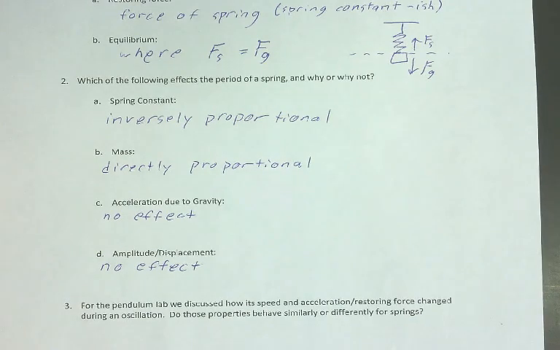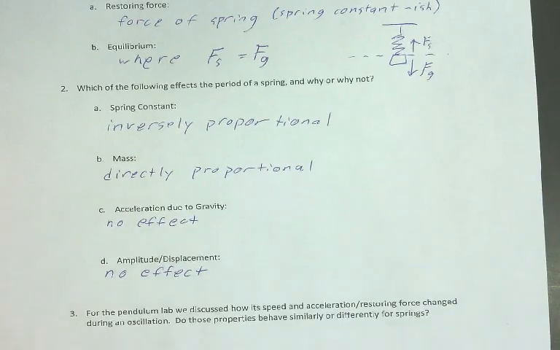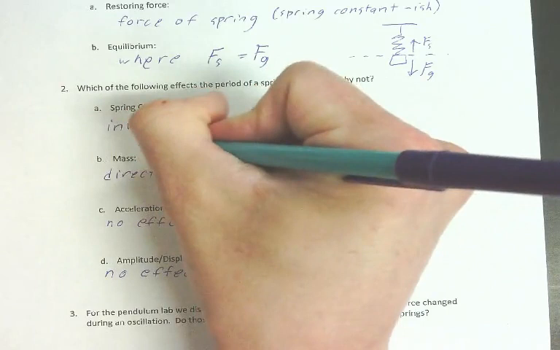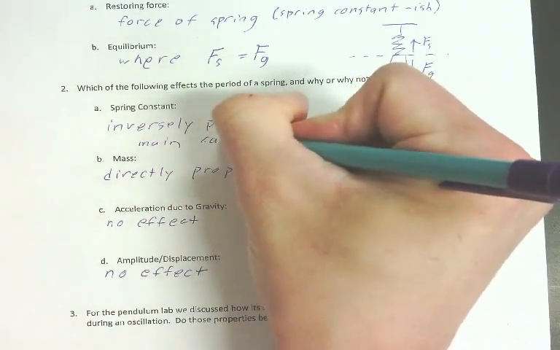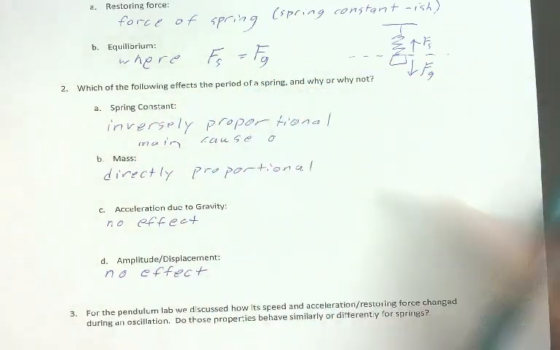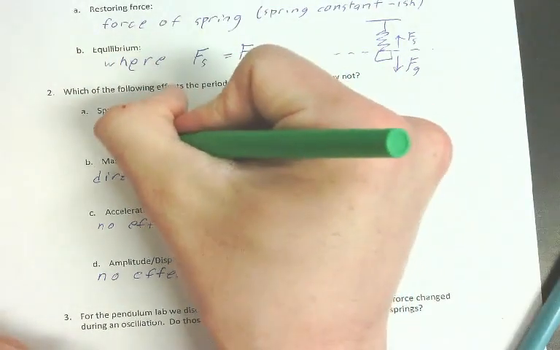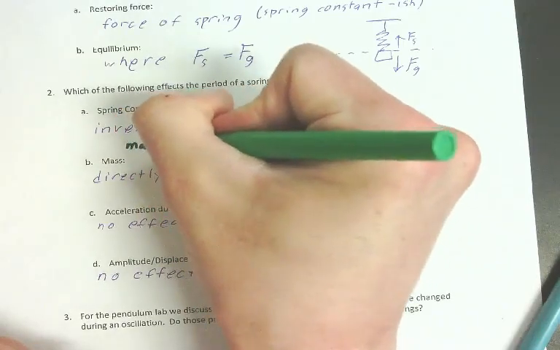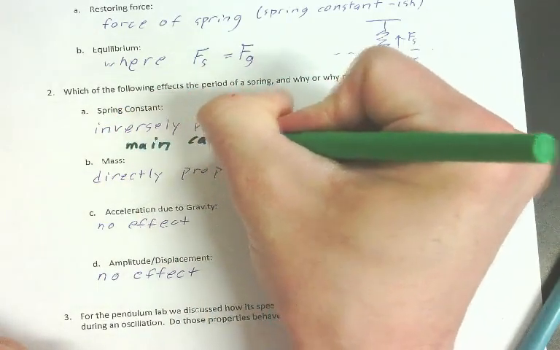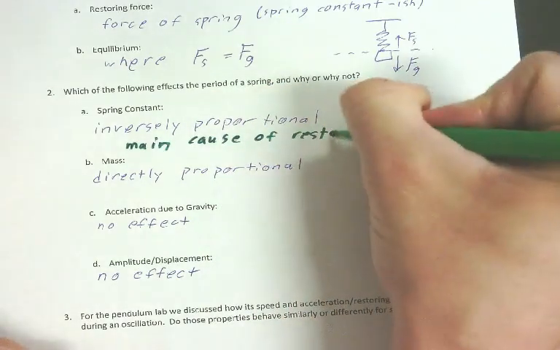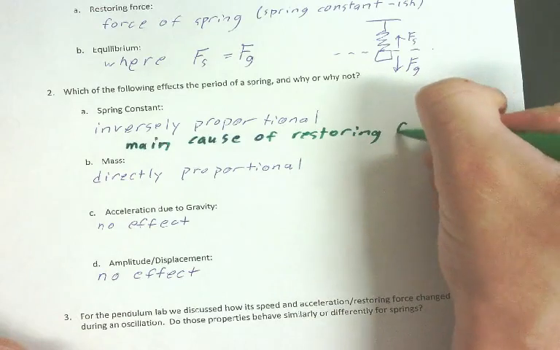Yeah, so stiffer springs are going to be stronger, and so they're going to have a larger effect on how it moves. The way I like to think about it is it's the main cause of the restoring force.